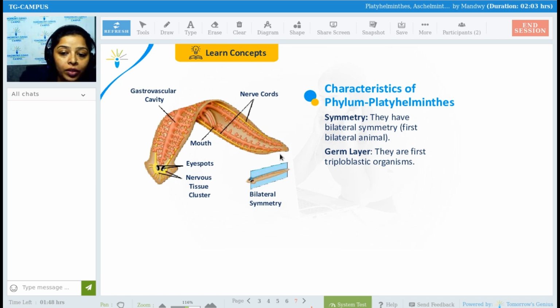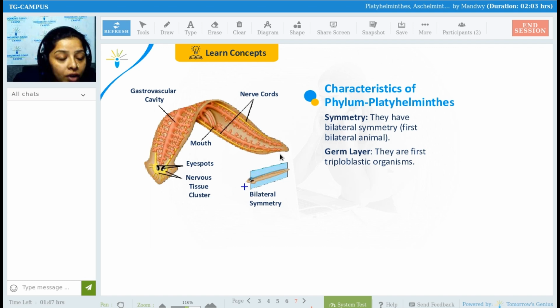As you can see, we can cut the whole body into two equal halves when there is a crossing of a single plane through the central axis. Okay, and hence it is bilateral symmetry.